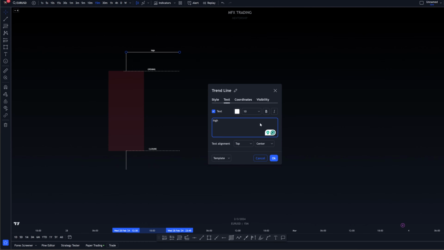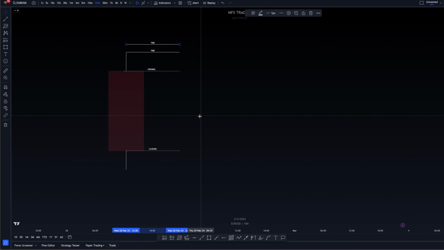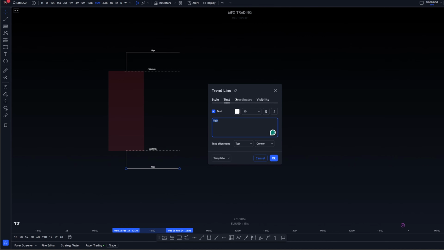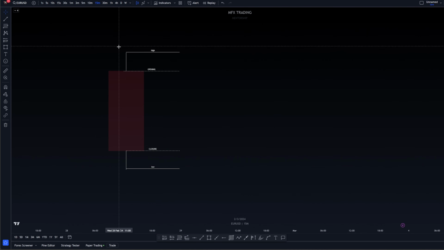This one is the high, and then this one is the low. The low and the high is basically just the low and the high of that whole candlestick.